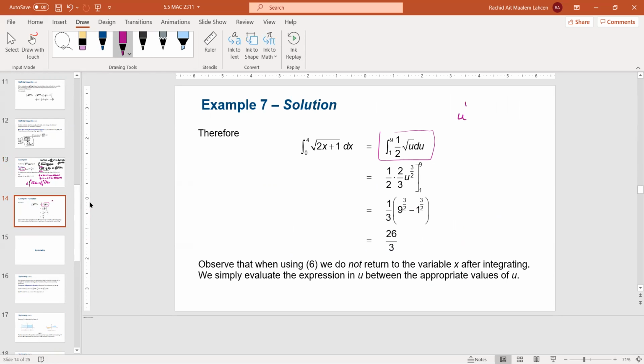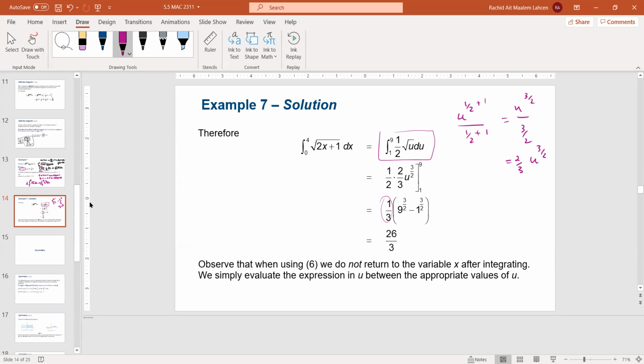Well, for the antiderivative of u to the 1/2, you're going to add 1 to the exponent and divide by it. That's going to be u to the 3/2 over 3/2. So it's going to be 2/3 times u to the 3/2. And you have the 1/2 sitting there. This 2/3 with the 1/2 is going to give us 1/3 outside.